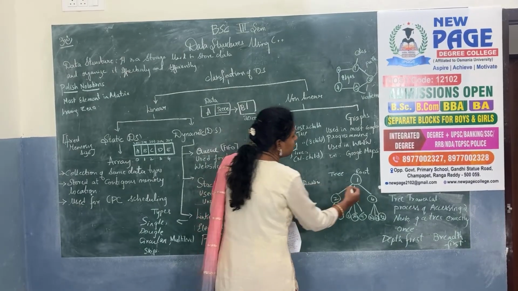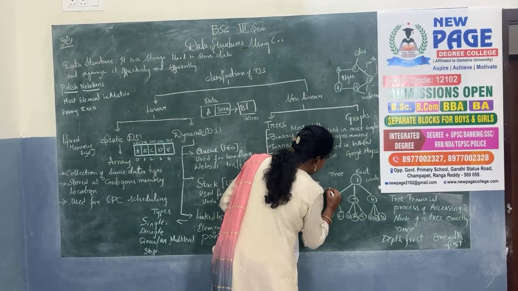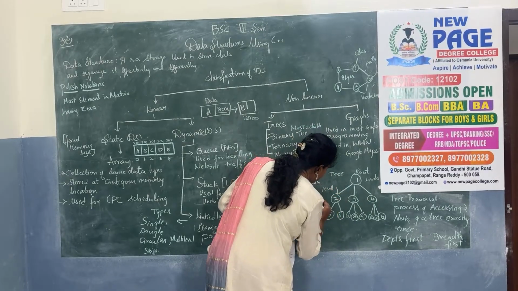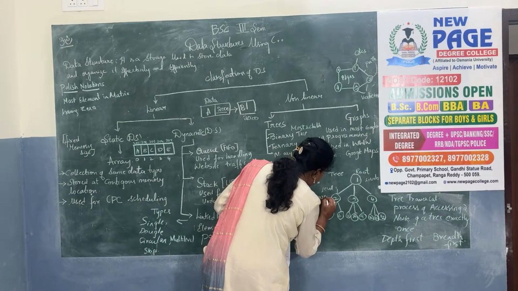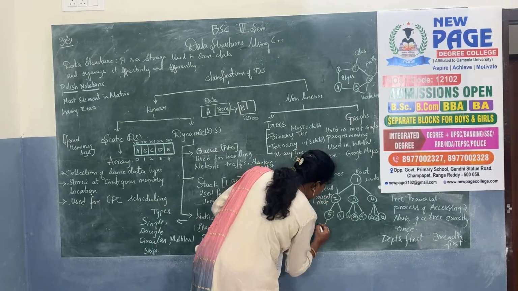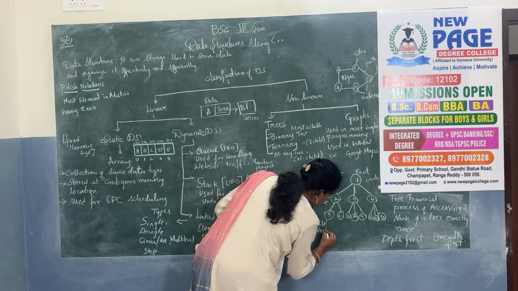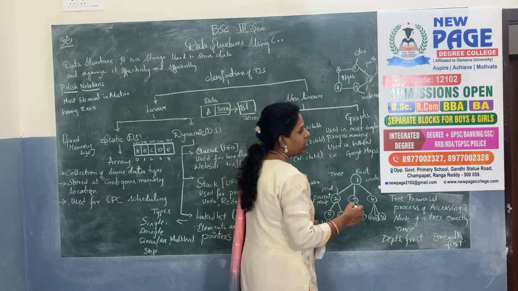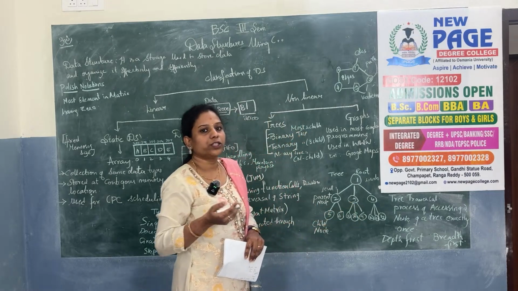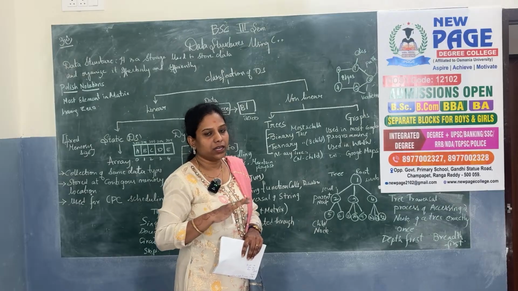It is considered level 0, and the next is level 1. Level 1 nodes are parent nodes and the nodes below are child nodes. Any node that does not have a child node is considered a leaf node.